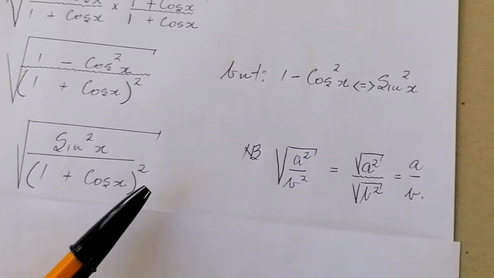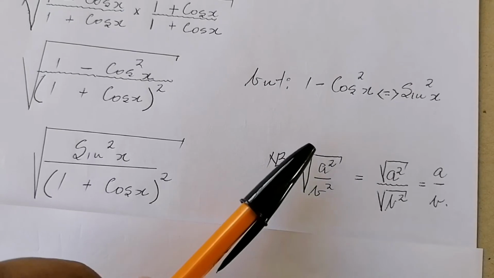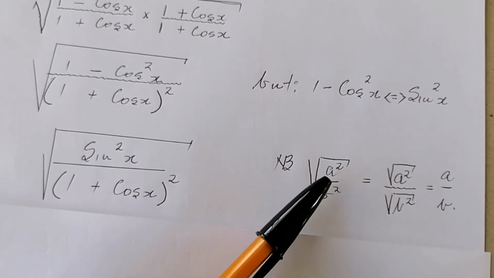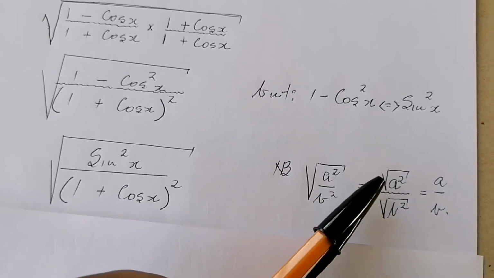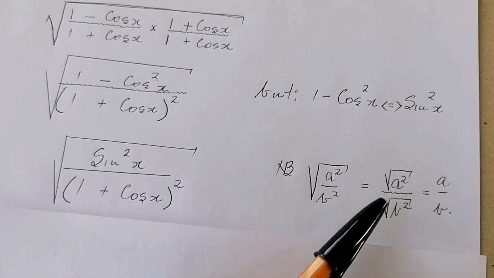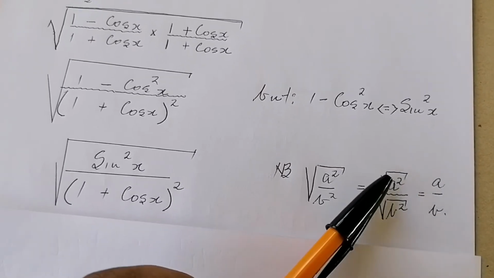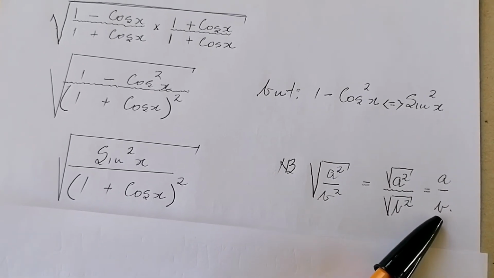Now, going back to sets, remember that if you have under the square root sign a fraction of a squared divided by b squared, that is the same as root a squared divided by root b squared. Root a squared is a, root b squared is b.